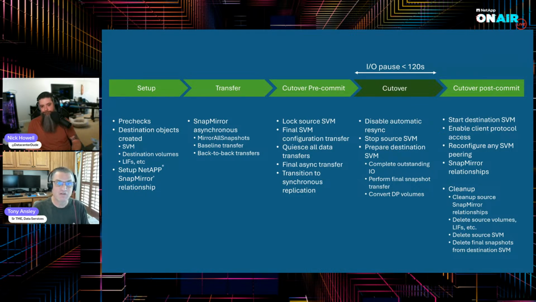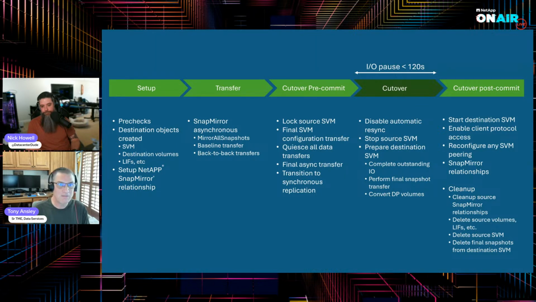We can't migrate from a 9.14 to a 9.12, for example, because that 9.12 may not even understand some of the configuration information being sent to it. It's just going to go, I don't know what to do. So we have that limitation today. Our goal, we would love for this to be infinite. It's just a little bit unrealistic as we add new features.